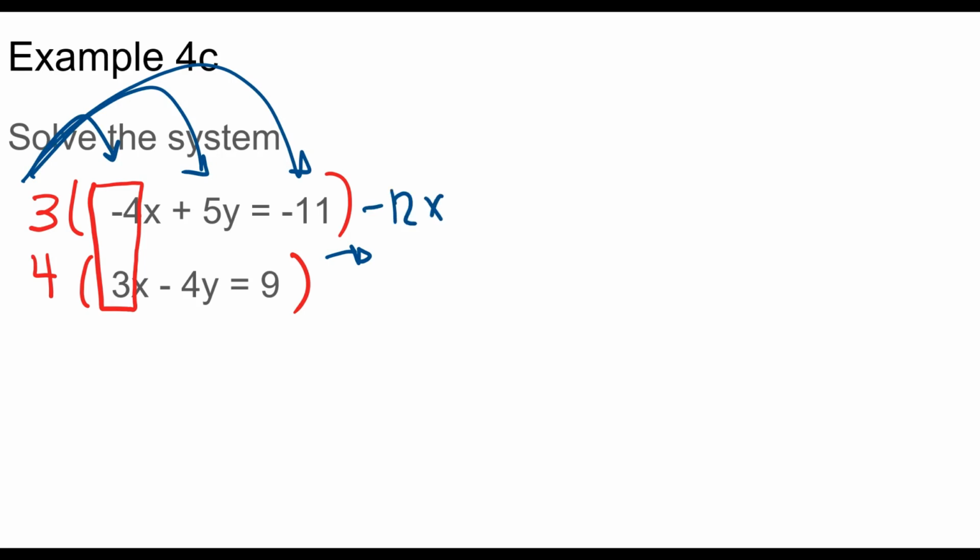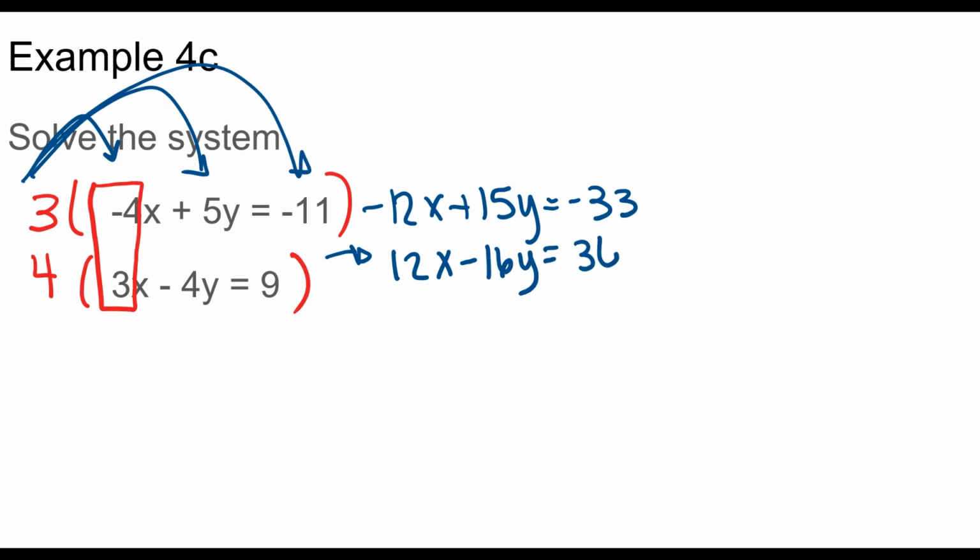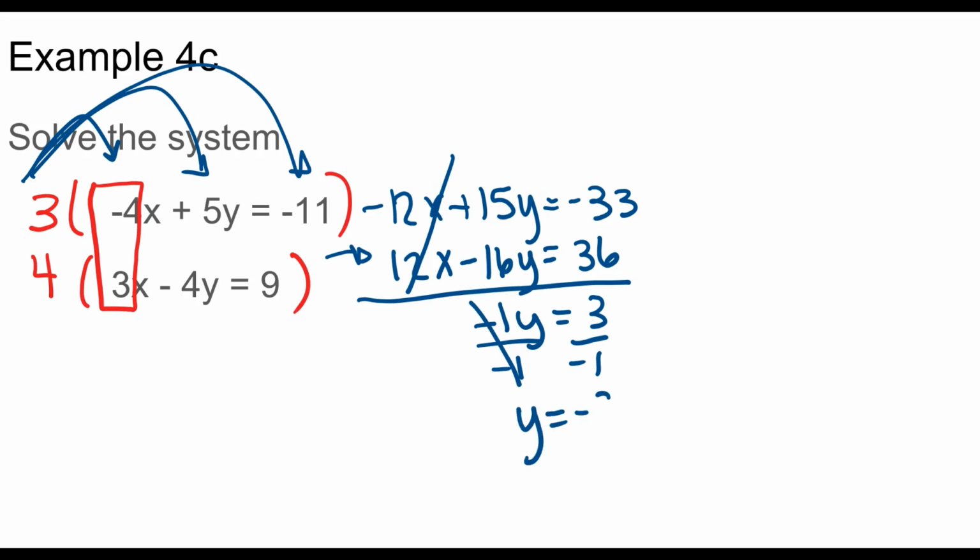Negative 12x plus 15y is equal to negative 33. 12x minus 16y is equal to 36. The x's eliminate. We get negative 1y is equal to 3. Divide both sides by negative 1. y is equal to negative 3. We're going to take that y and place it back into that original equation.